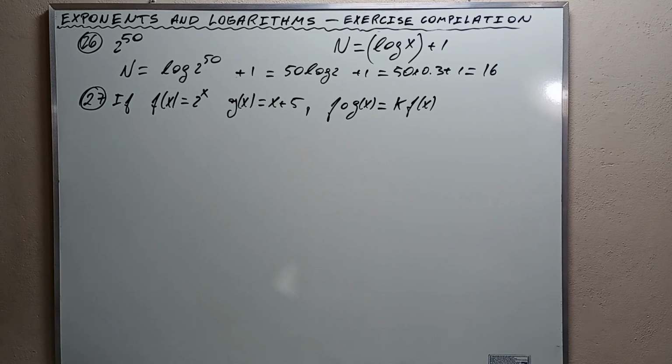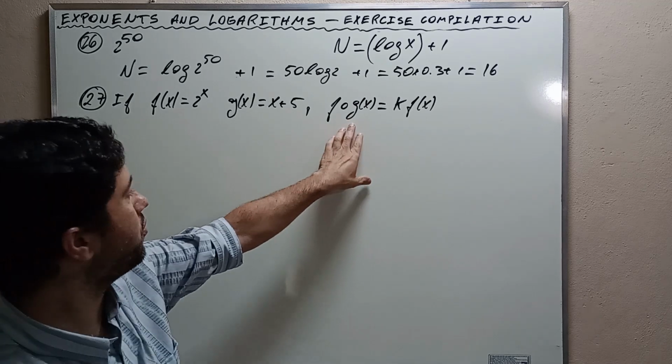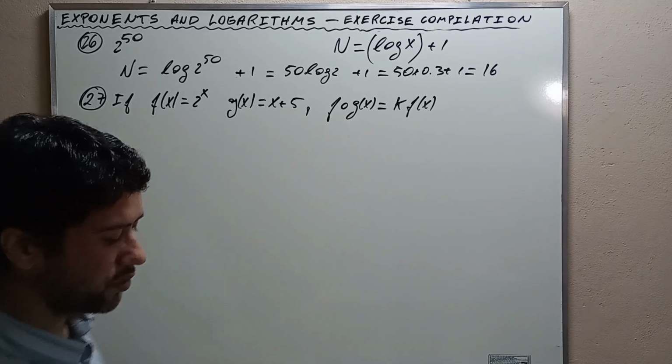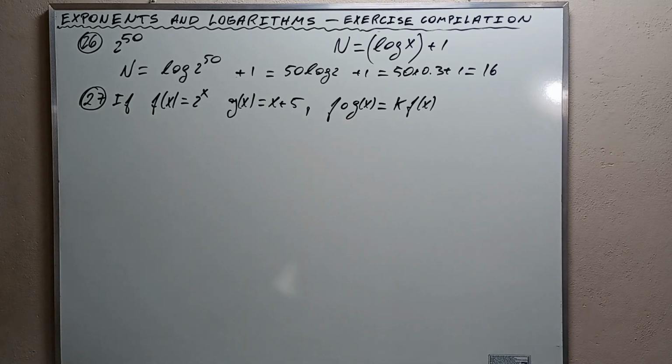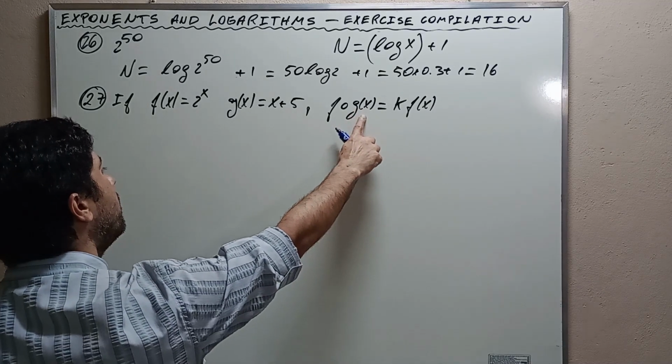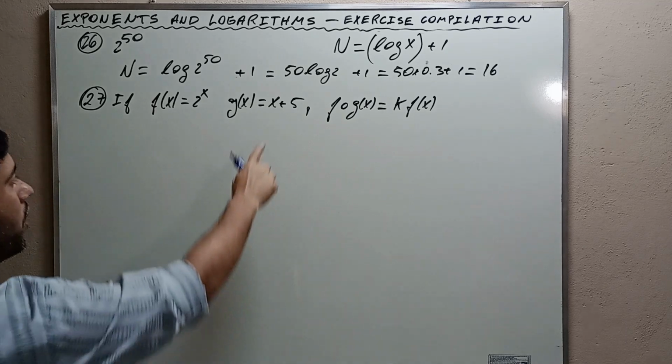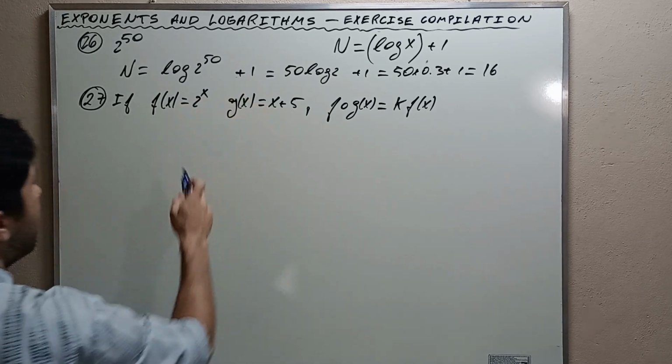Let's go to the solution. It is very simple, my friends. It is not difficult. Let's solve it. Okay? What does it mean? It is a composite function. It means that we have to substitute g in f. Okay? We are going to substitute g in f.